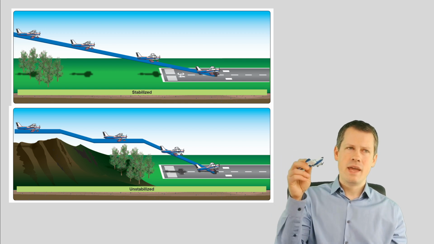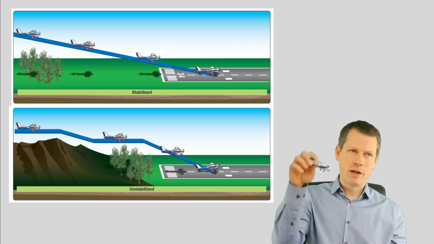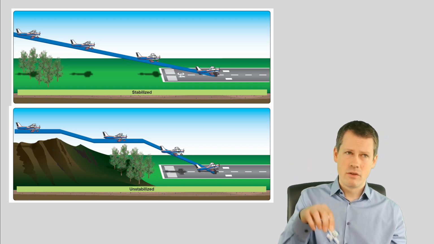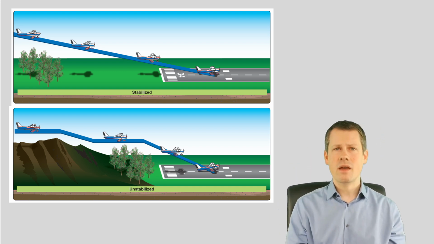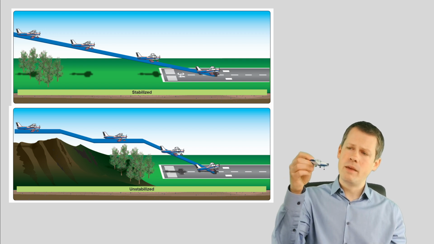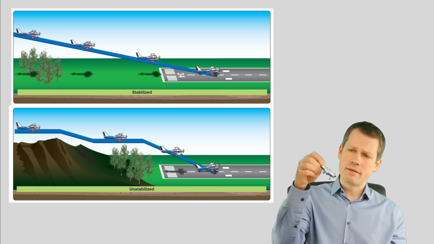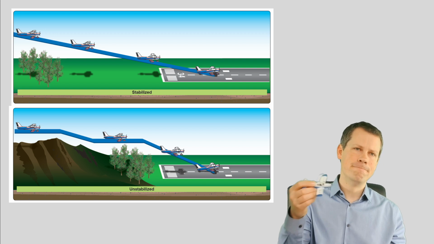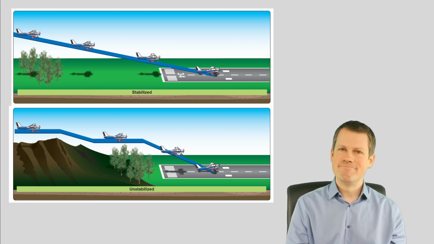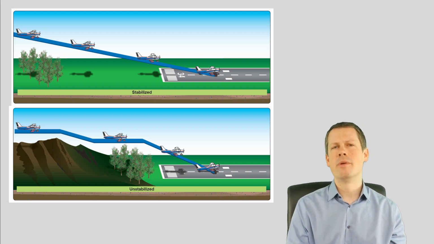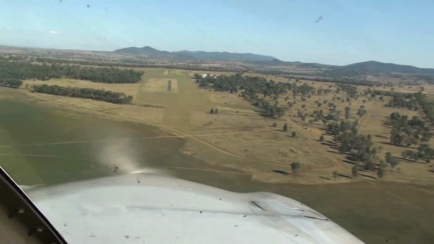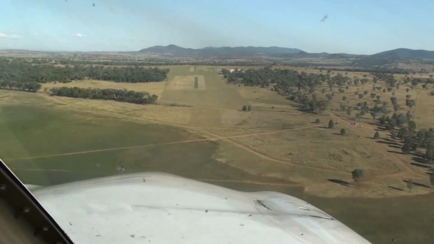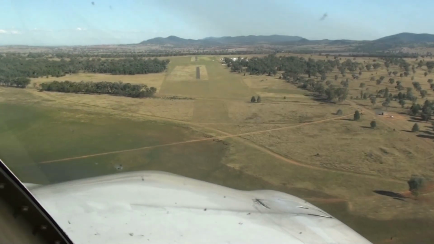And then, however, he has to pretty much dive down to make the runway. And at this point, he will gain some more speed. So the landing probably won't be much shorter than as if he or she had just made that constant angle stabilized approach in the first place.